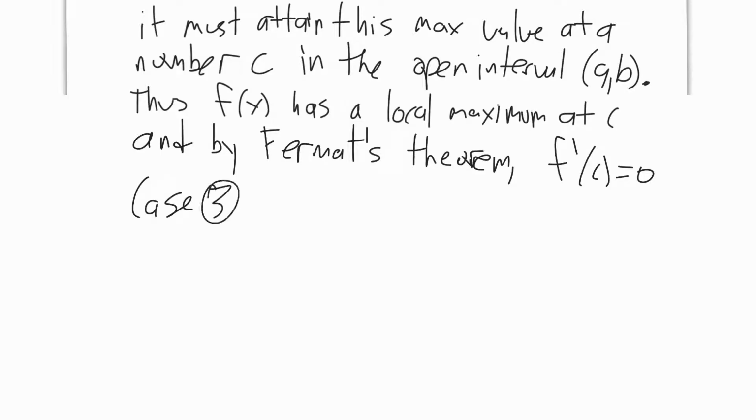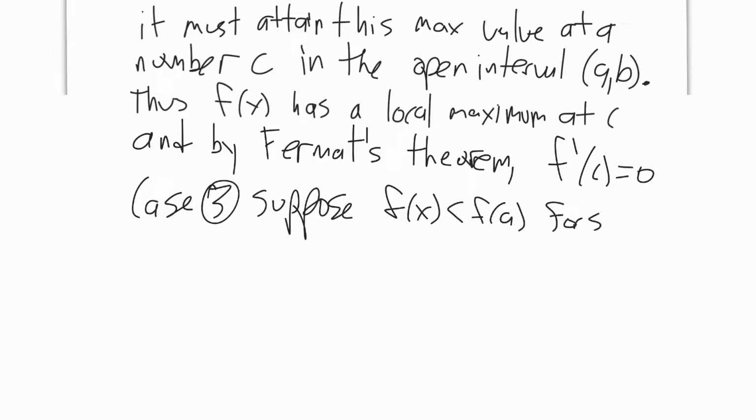So case 3 is exactly the same as case 2. It's just that we're going to suppose that f of x is less than f of a for some x in the interval a to b. So now we suppose that the graph goes down.